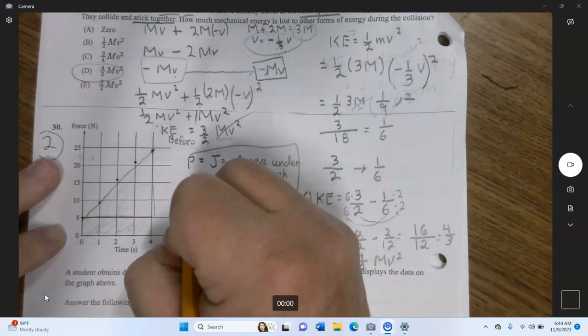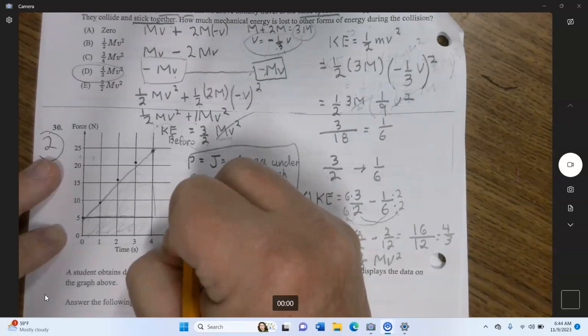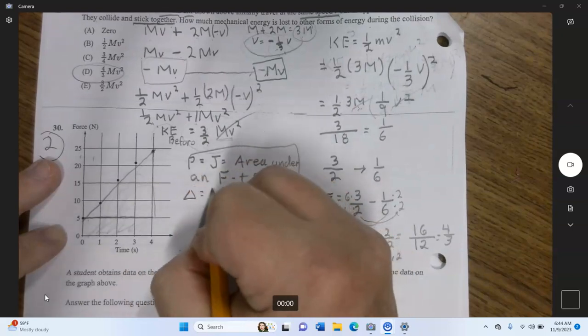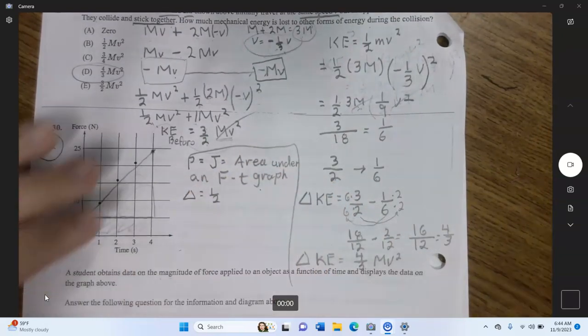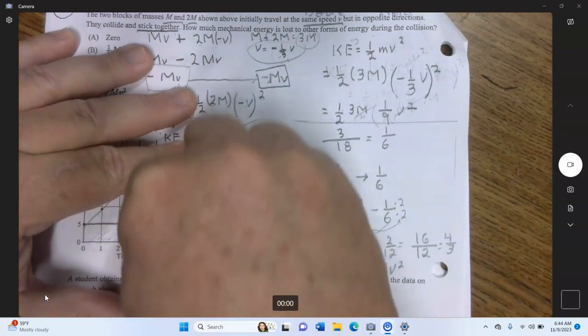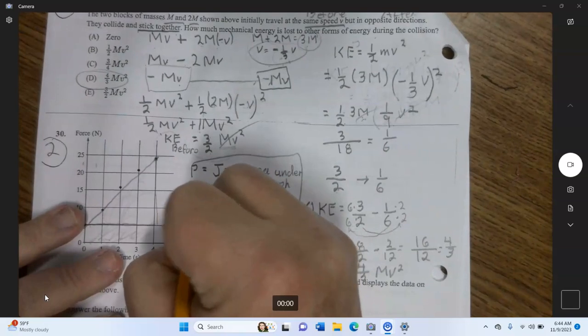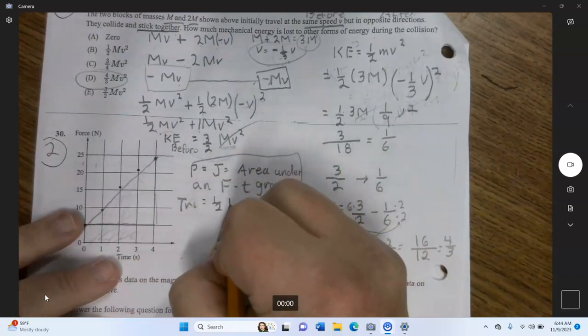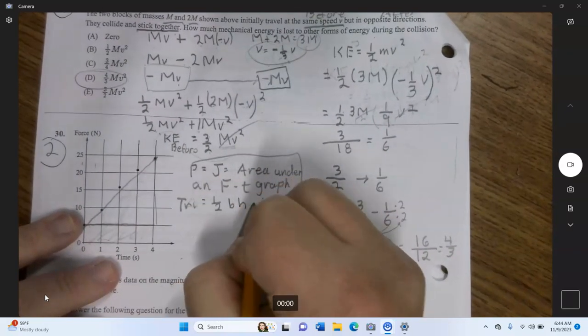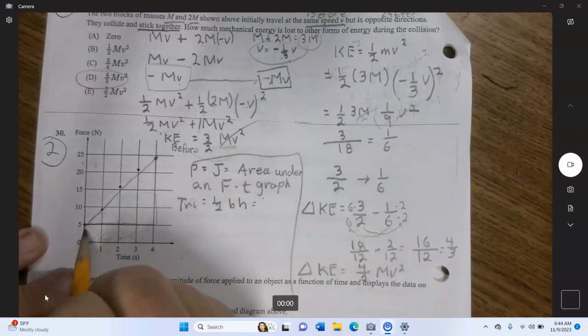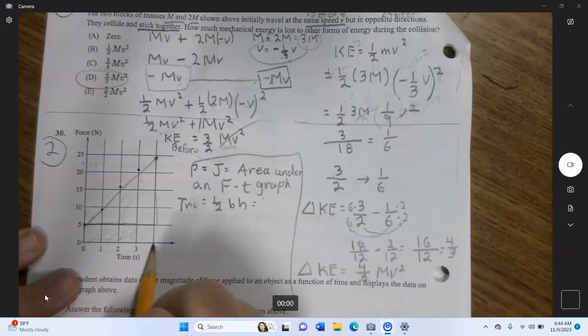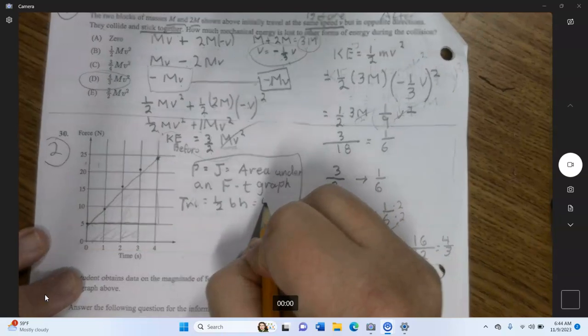So the area of a triangle is 1/2. I shouldn't use delta because I'll confuse that with change in. I'll just call it a tri. Okay, it's 1/2 base times height. So 1/2 the base, so the base goes from 0 to 4, that's 4.